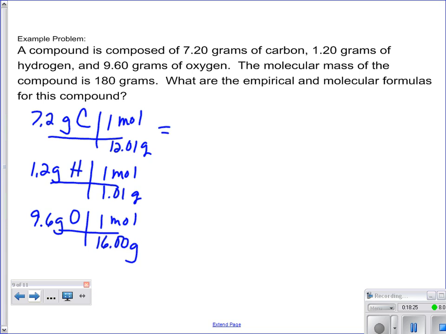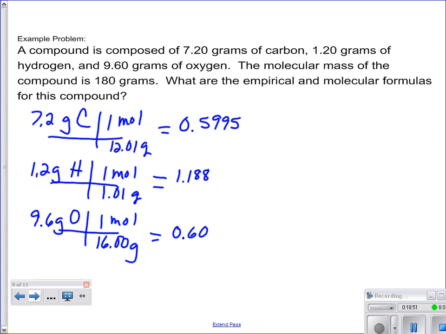I bet you've started memorizing some of these masses, whether you want to or not. Okay, so then we calculate and we get 0.5995 moles of carbon, 1.188 moles of hydrogen, and 0.6, I don't remember, I think it's probably 6000 moles of your oxygen.